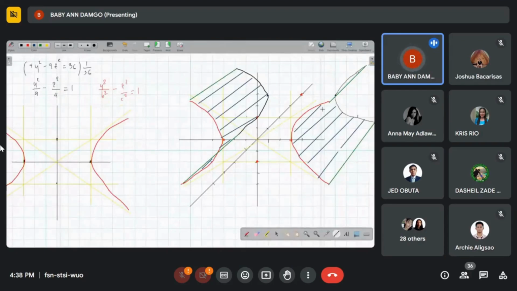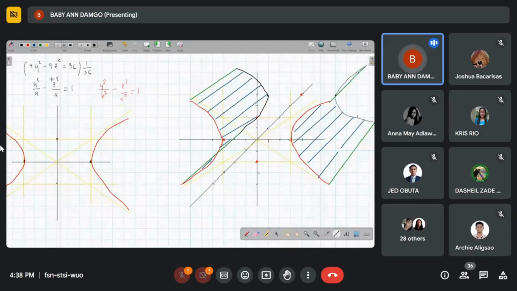So, first, mag-create ta og graph sa two, like x, y coordinate, depende kung unsa ang given. And then from that, ato na siyang i-draw sa three-dimensional. Okay? Na from the three-dimensional here, depende siya kung unsa ang wala nga variable.